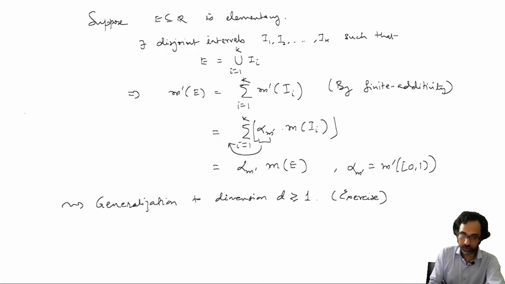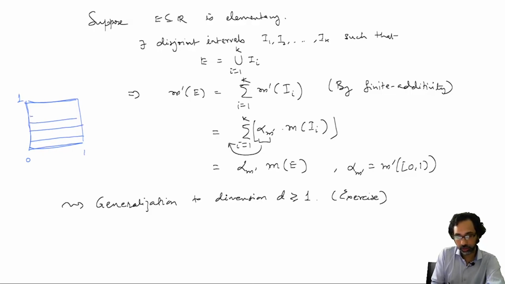So for example, in dimension 2, if you have a box, let's say this is 0, 1 cross 0, 1, then you have to chop this up into size 1 over n in the y direction and also 1 over n in the x direction.